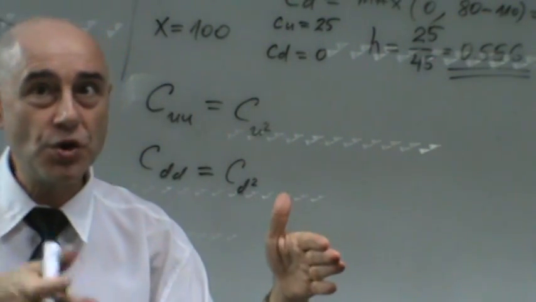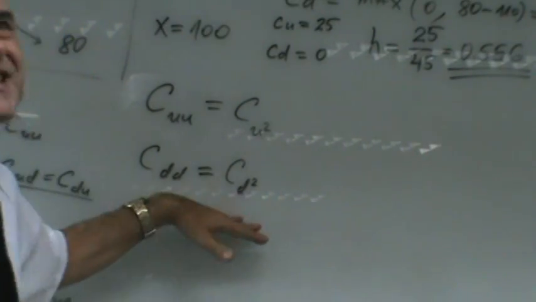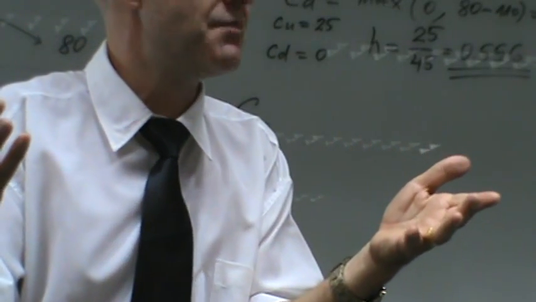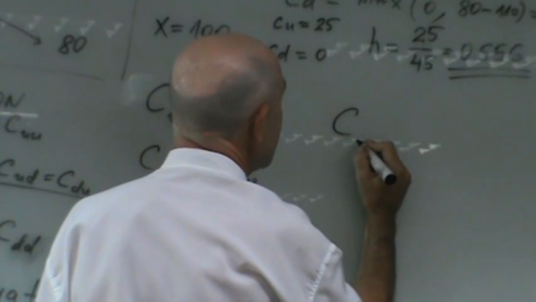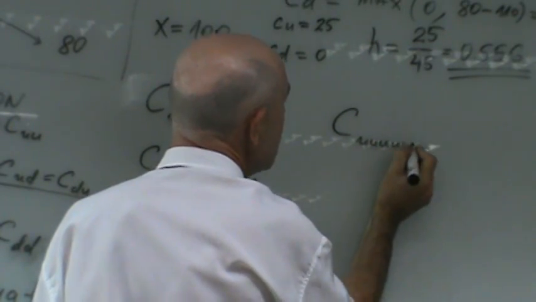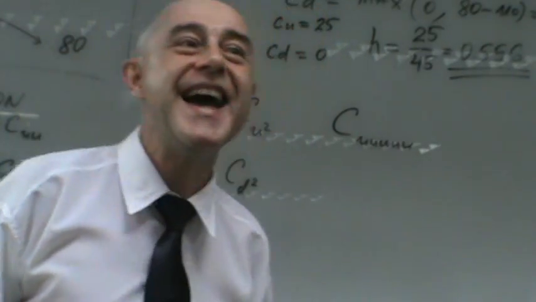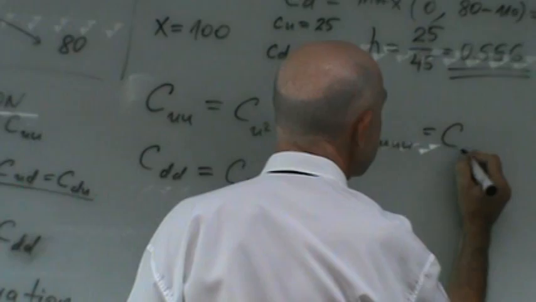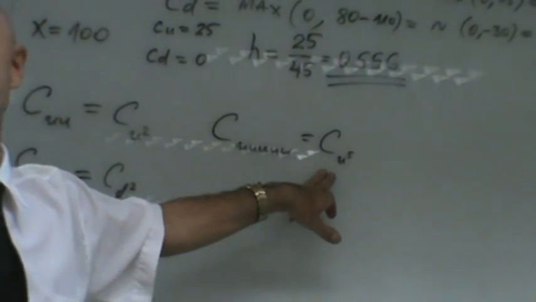If it's a 2-step model or 2-period model, it's the same, doesn't matter. But suppose it's a 5-period model. And if it's a 5-period model, this CU will become CUUUUU. Okay? And obviously, it's a lot nicer and cleaner to say CU5. 5 times up.